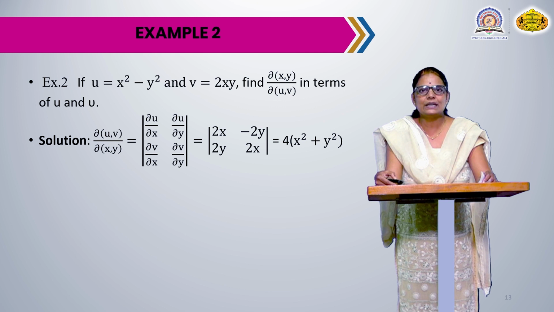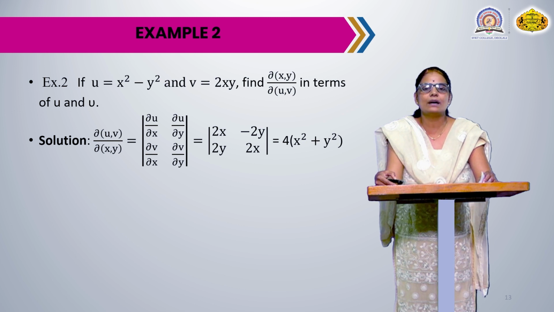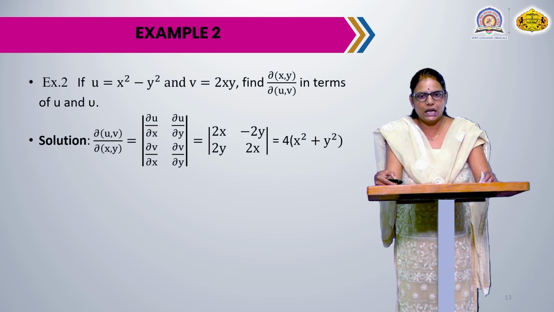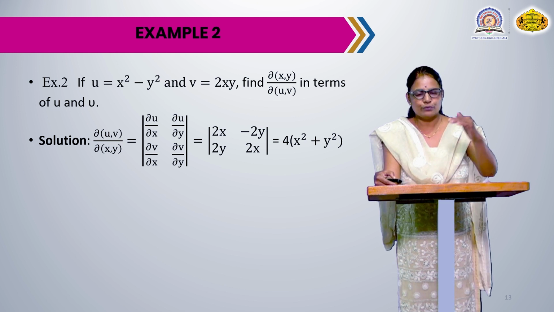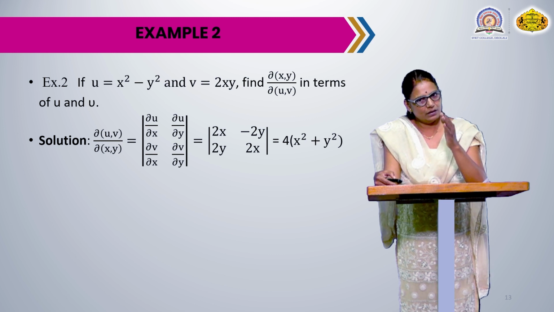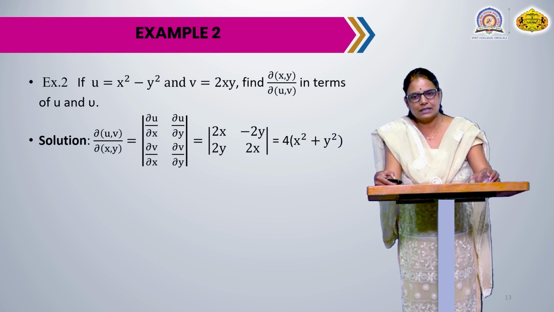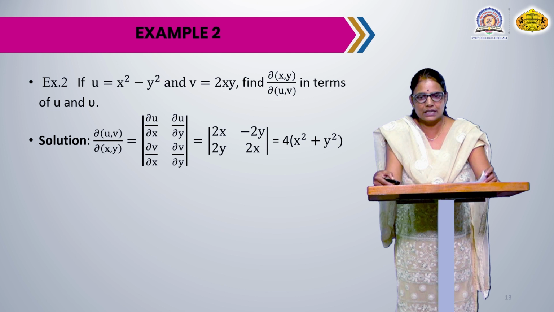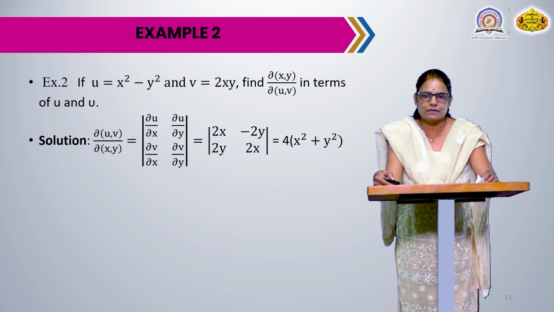Now v is twice xy, so differentiating, ∂v/∂x is 2y and ∂v/∂y is 2x. So we calculate all the partial derivatives. Solving the determinant, which is the simplest one, we get 4 times x square plus y square.